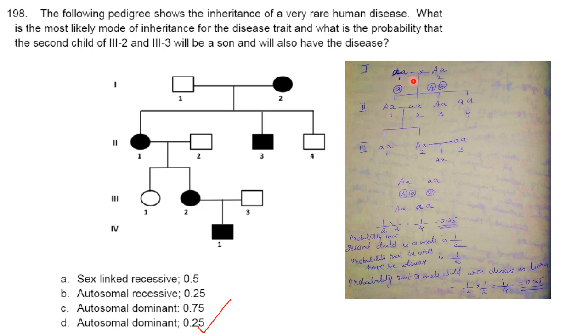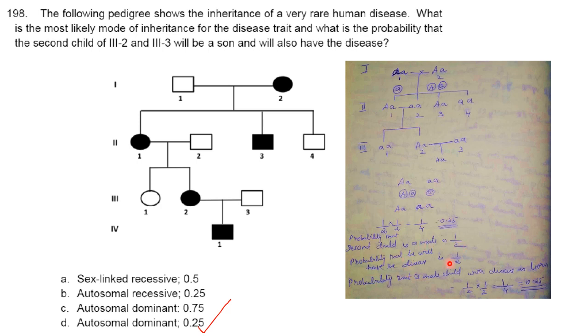If you see over here, you can make out that the gene doesn't come from the unaffected parent. Then males and females are equally likely to transmit the disease. There is no X-linked dominant inheritance or recessive inheritance here because there is no male to male transmission. So the probability that the second child is a male is half.